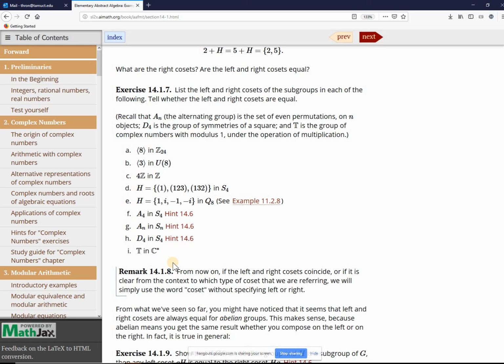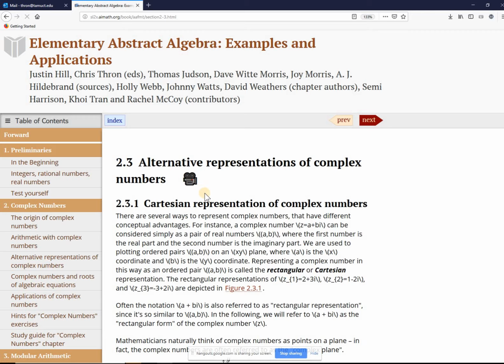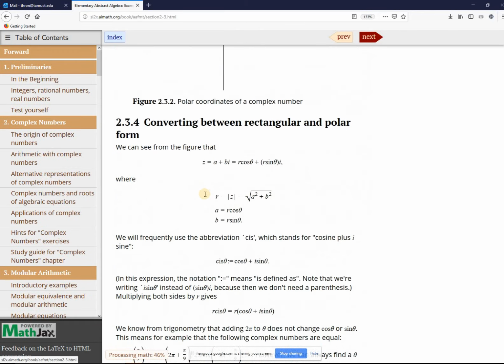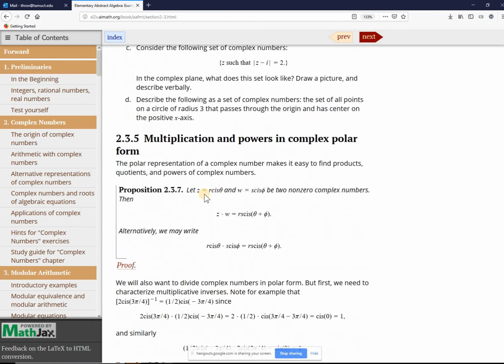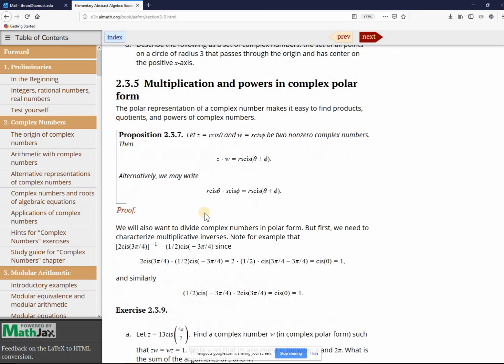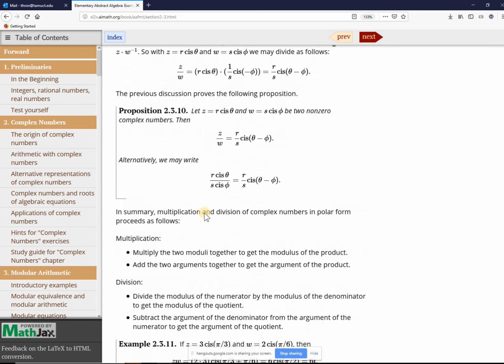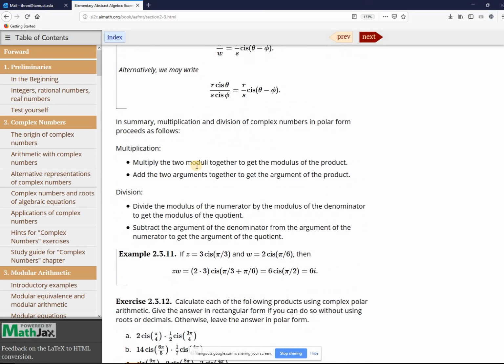It's a very simple rule. Yeah, that's right. The rule is, all right, yeah, here. It even summarizes the rule somewhere here. Multiplication: multiply the two moduli and add the two arguments. And that's what you do.